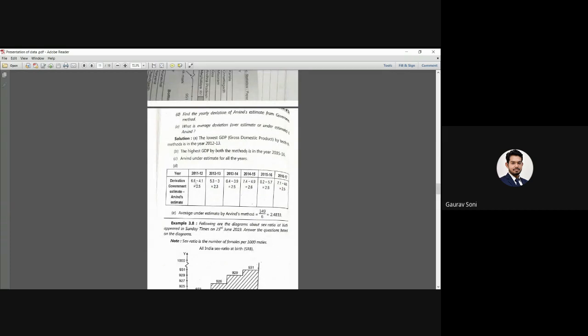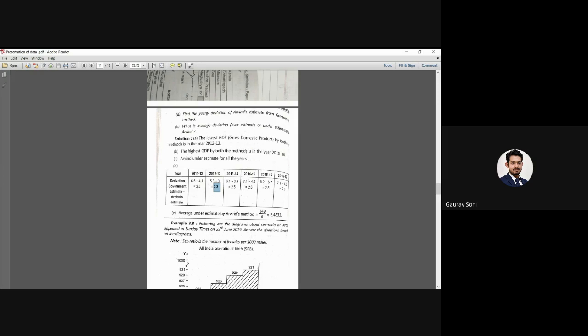So in 2011-12, the deviation was 2.5. From 2012 to 2013, the deviation is 2.3. And so the difference is nothing but the deviation, the deviation which is given by Arvind Subramaniam.